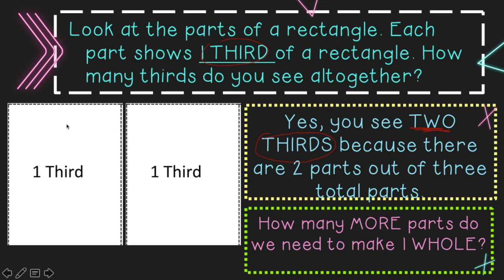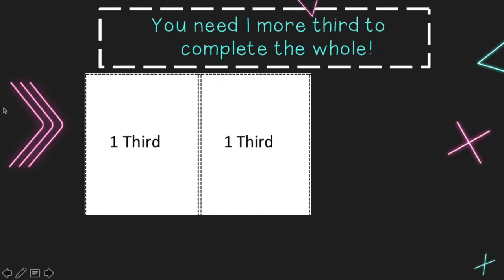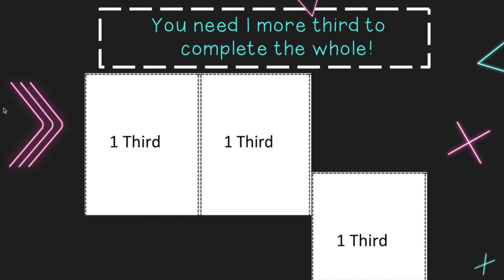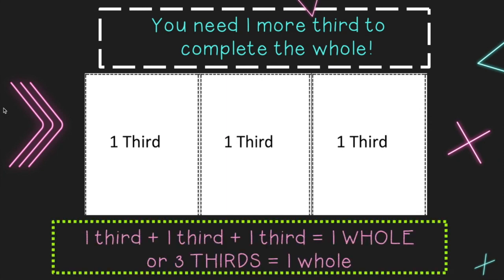So I know it does look like a rectangle right now. I'm going to outline it. It does look like a rectangle, but it's not complete. It is not 1 whole because we want thirds. So let's take a look at what we need to add on to make this 1 whole. So you need 1 more third piece to complete the whole, because 1/3 plus 1/3 plus 1/3 equals 1 whole, or 3 thirds also equals 1 whole.